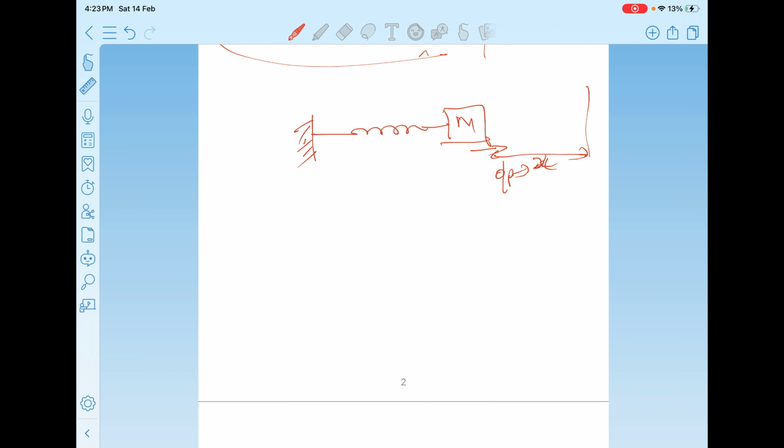Then what is the input to the system? Input is the force applied. To understand the transfer function, we have to arrange the functions such that input is force f and output is distance.